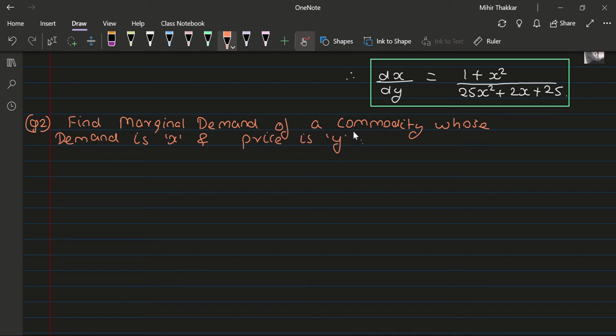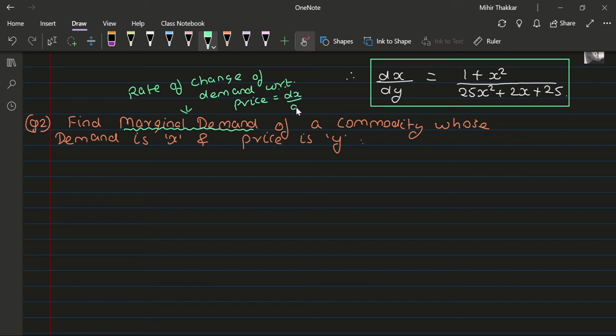So how do we get that? If you remember from your 11th standard textbook on derivatives, you had a question based on marginal demand, and the marginal demand itself represents the rate of change of demand with respect to price, which over here is already dx by dy that we are doing in all the previous sums.